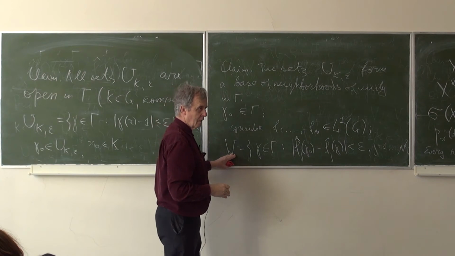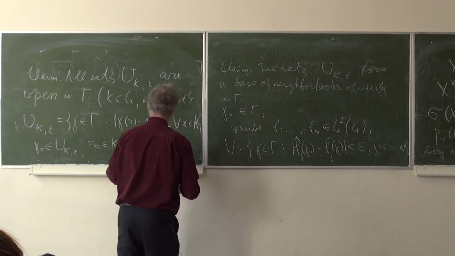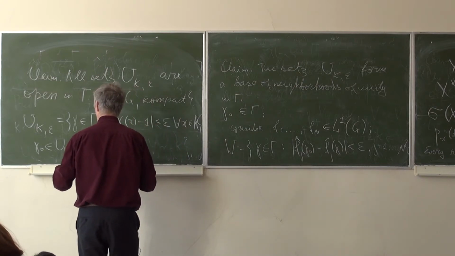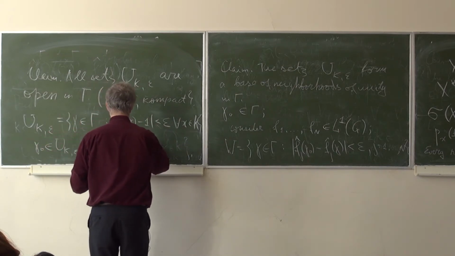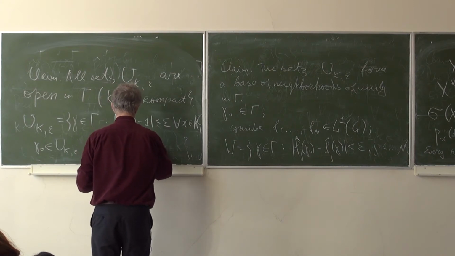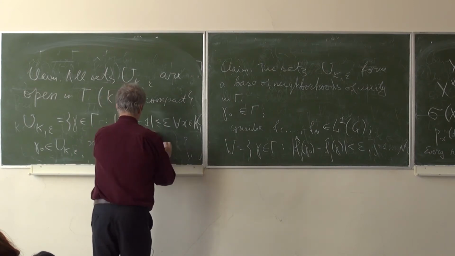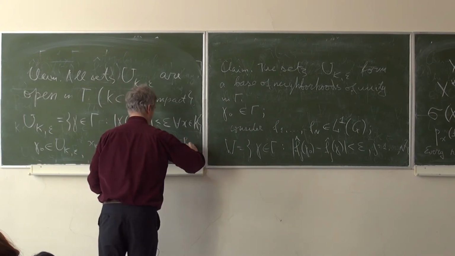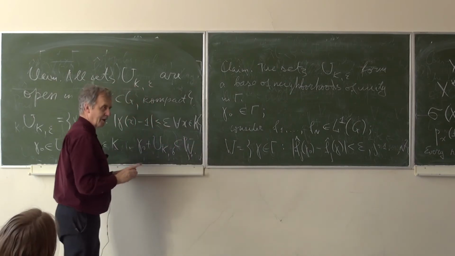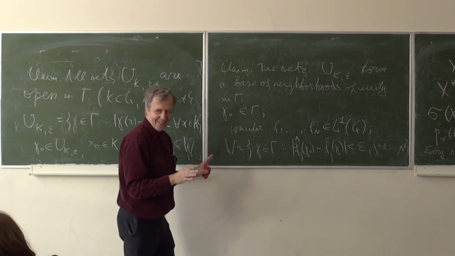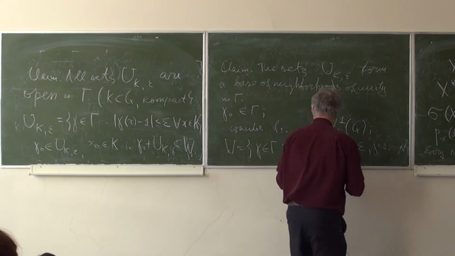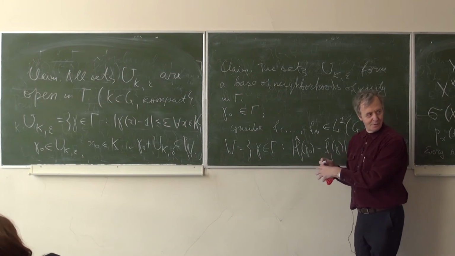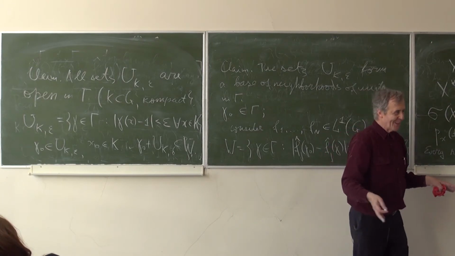Well, not quite, but we must find a set of this form such that gamma 0 plus U K delta is included in this W. Oh, you're right, because I directly started to think about gamma 0 as 0, which will be done in a minute, of course.